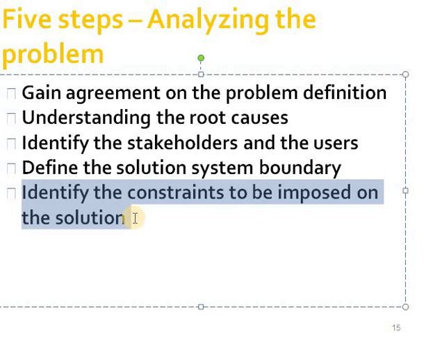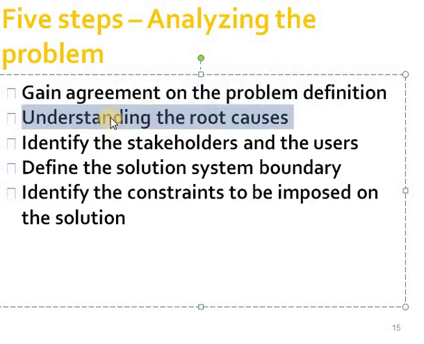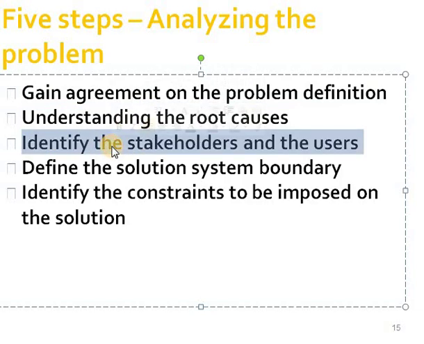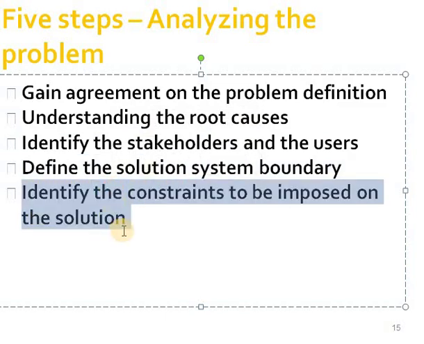In order to build a right product, it is necessary to have some agreement and to understand the root causes of that particular problem, to identify the set of stakeholders and the users, and to define the solution system boundary, as well as to identify all the constraints imposed on the solution in the shape of requirements.